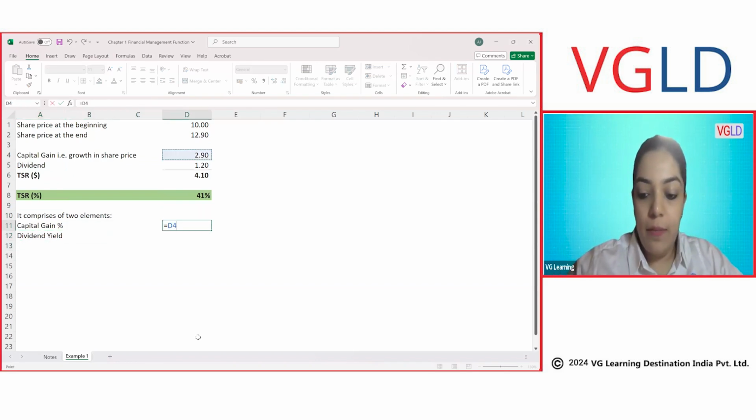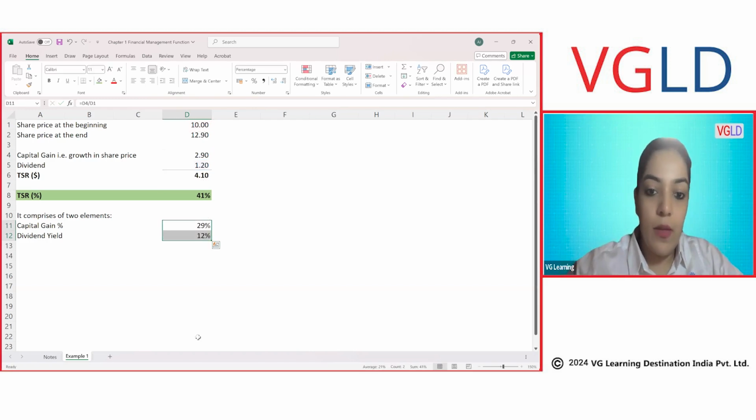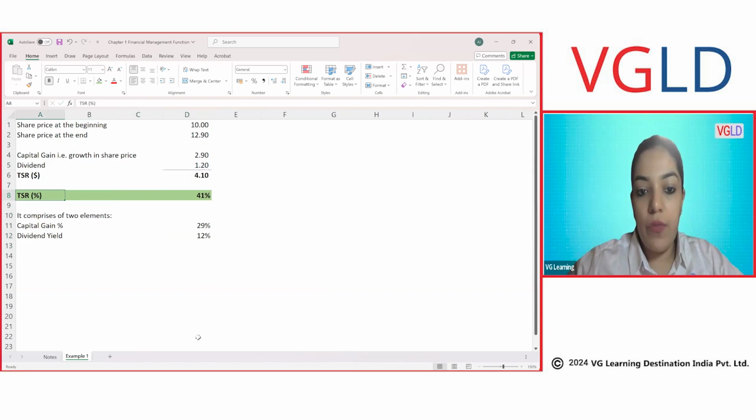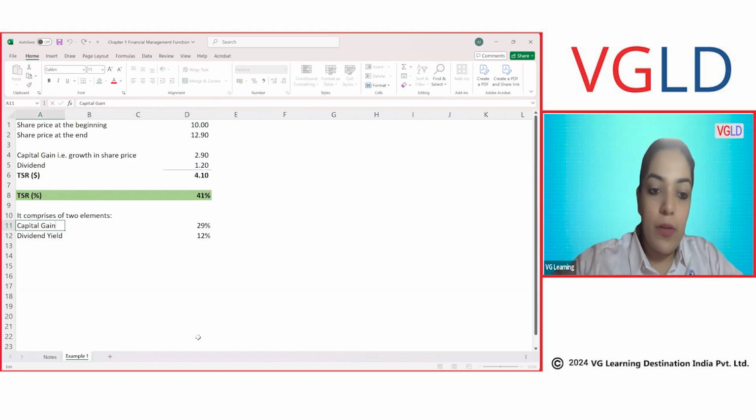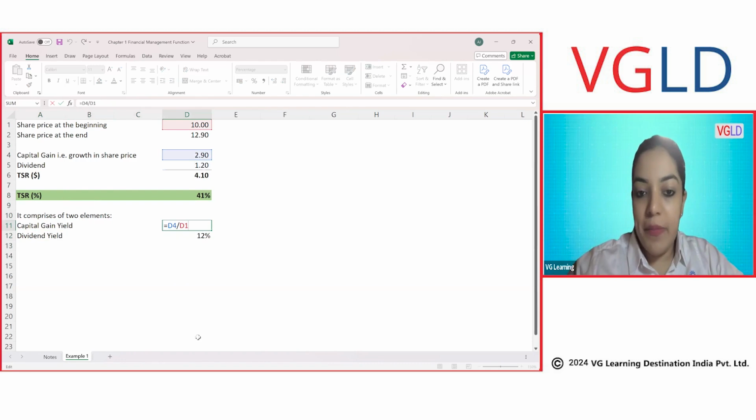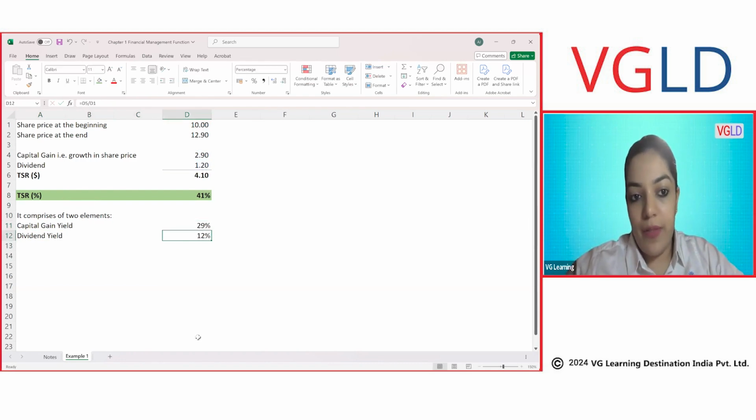Basically 2.9 by 10 and 1.2 by 10. So this is the breakup of this 41%. It was not asked, I'm just telling you for your knowledge, that there is a capital gain yield, I can call this also yield, of 29%, and the dividend yield is 12%.